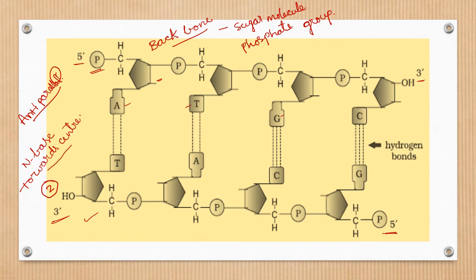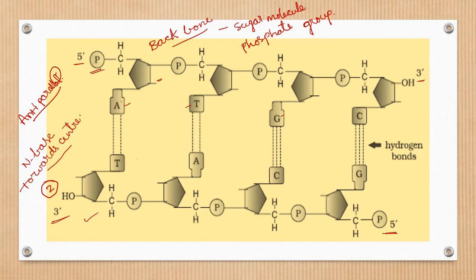Now, these two polynucleotide chains are joined together by hydrogen bonds. Observe clearly, the hydrogen bonds are formed between the nitrogen bases of the polynucleotide chains. Remember it.